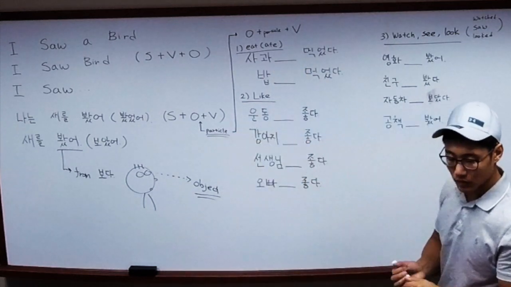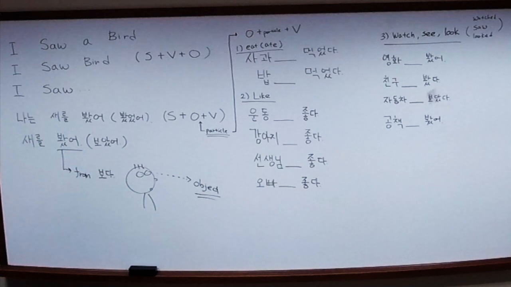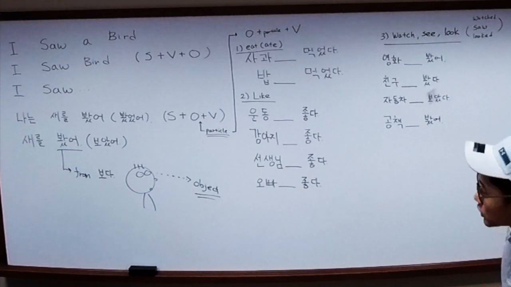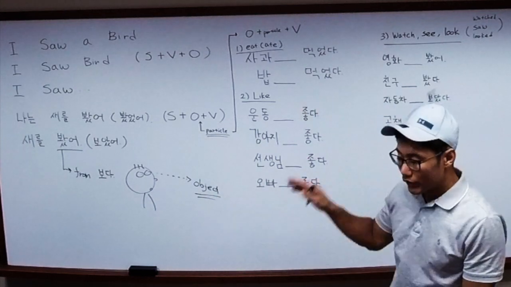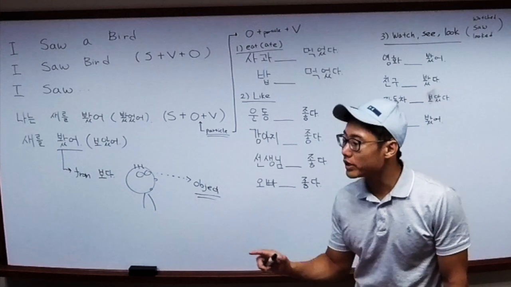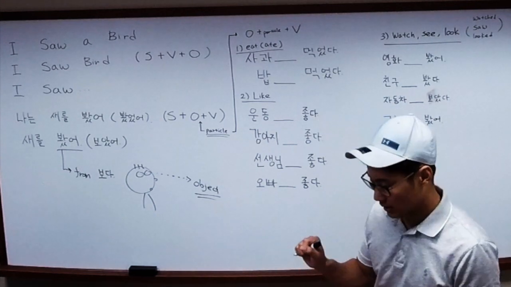I'm confused between 사과를 먹다 or 사과가 먹다. Yeah, 사과가 or 사과를. But when we use a particle for an object, we only think about 을 and 를.